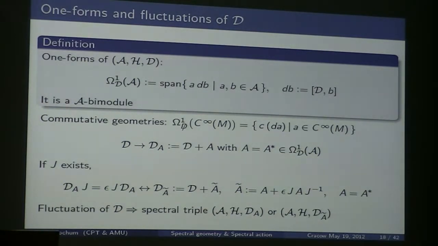So, you see, when you have D, you can make this fluctuation, so you can add connections, and of course you have other spectral triples associated to these new operators, or this new one, which is the same, but you have this symmetrization about your connection.